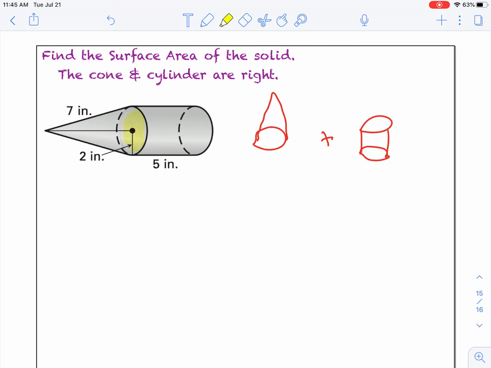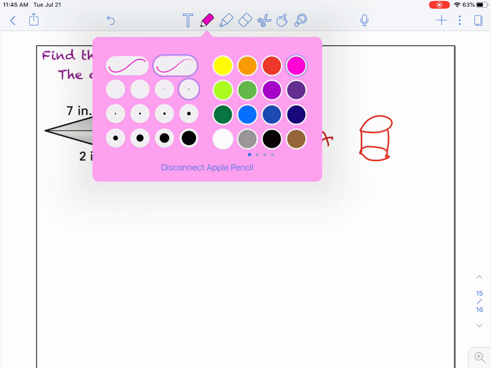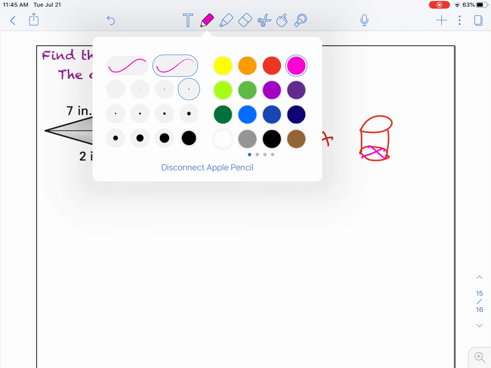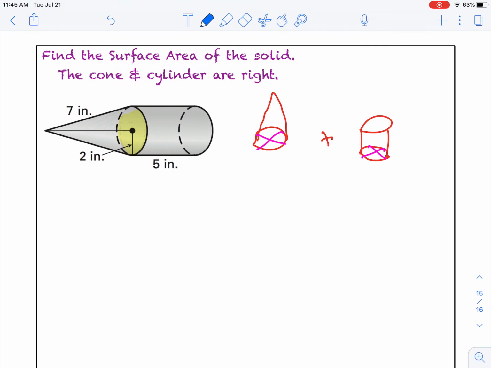But notice, this is not on the surface, that's on the inside. So you're going to have to take away that base right there, and you are going to have to take away that base right there.